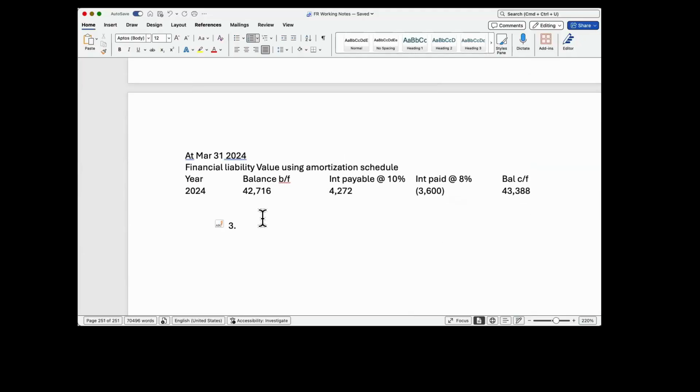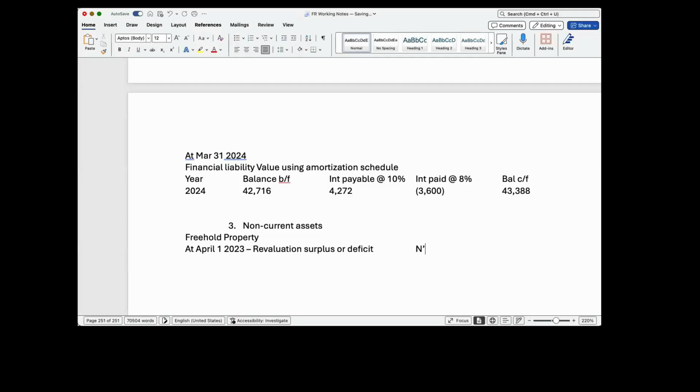So this is speaking to non-current assets. First, let me deal with my freehold property. So at April 1st, 2023, I will compute my revaluation surplus or deficit.